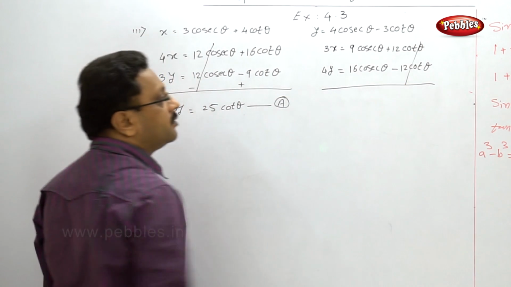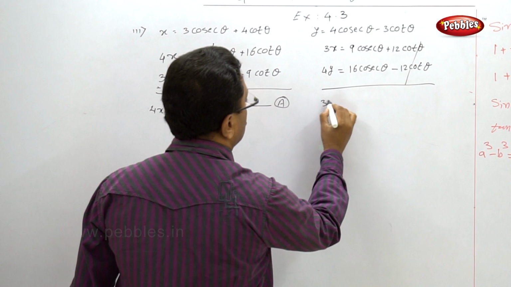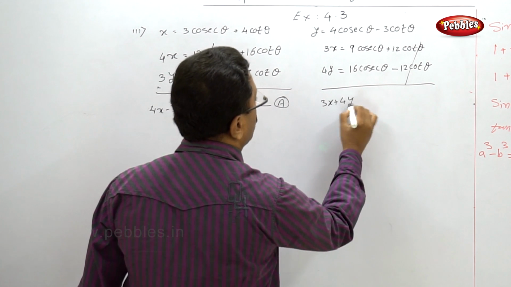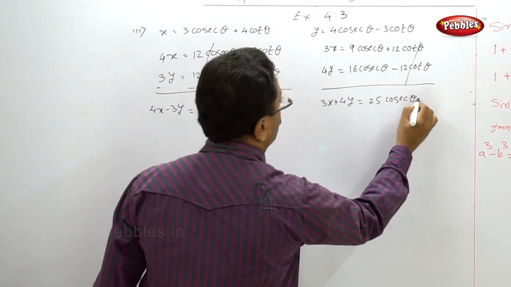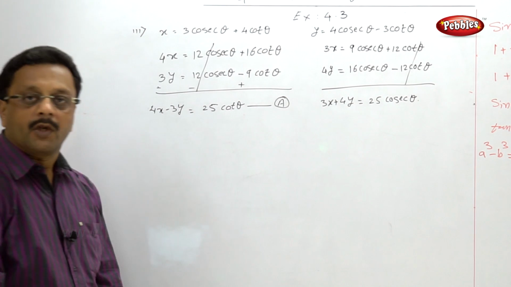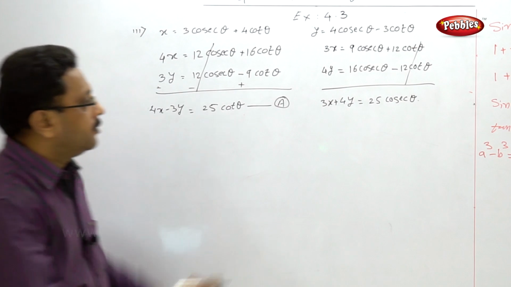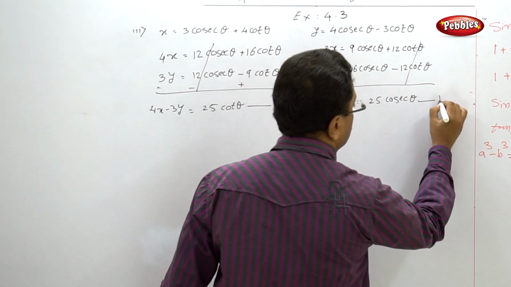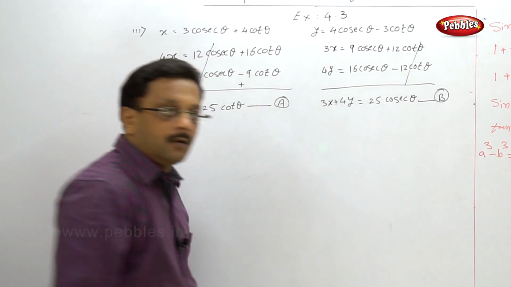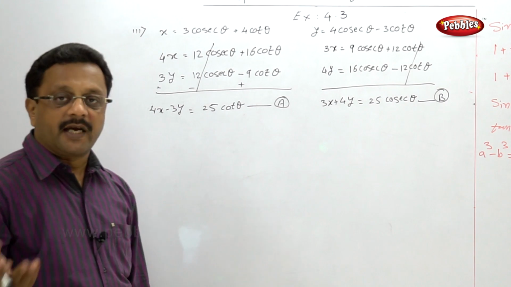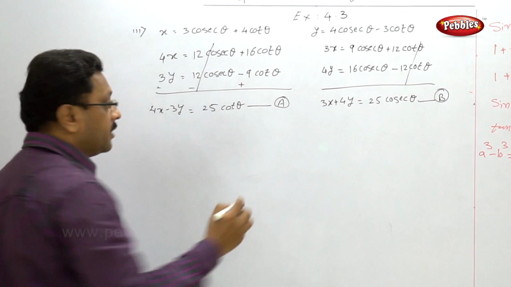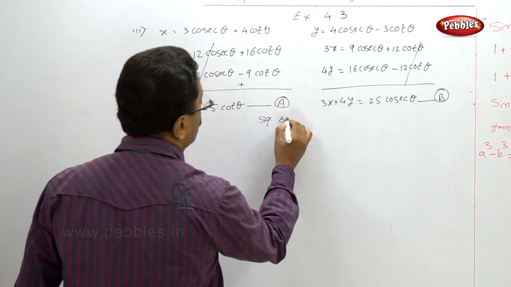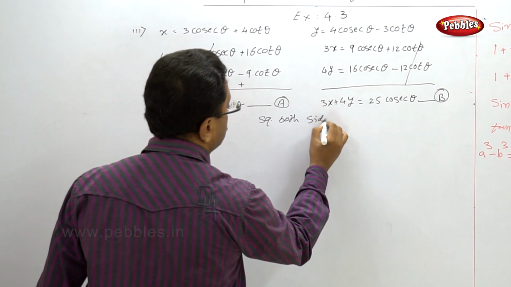The cot terms will get cancelled, so I got 3x plus 4y is equal to 25 cosec theta. So now this is my equation B. So I am squaring both the sides of both the equations.